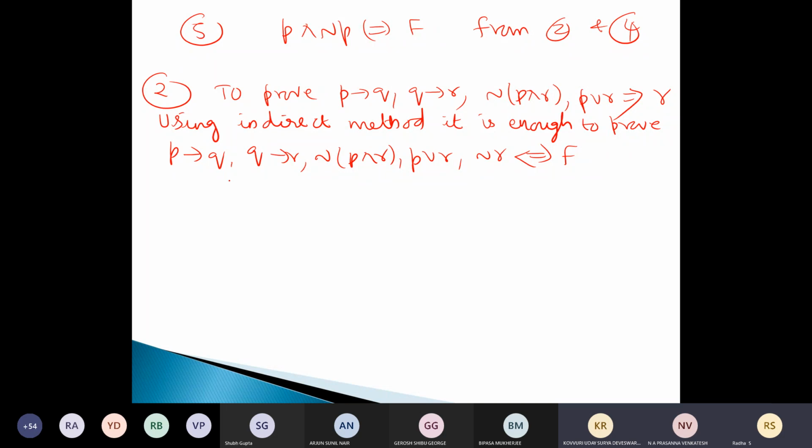How to start? Which one you can take first? P implies Q and Q implies R. We can introduce.